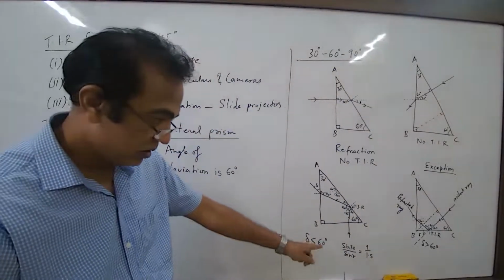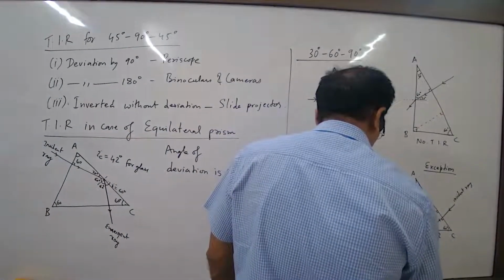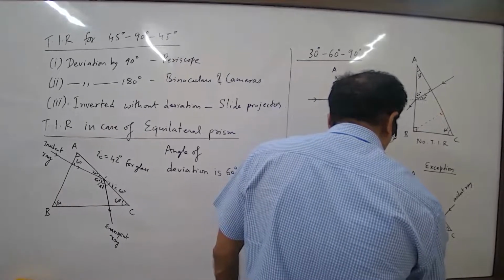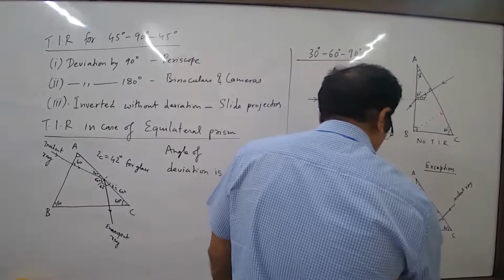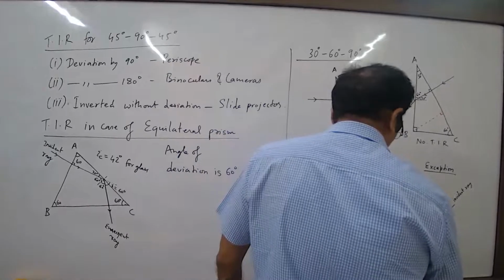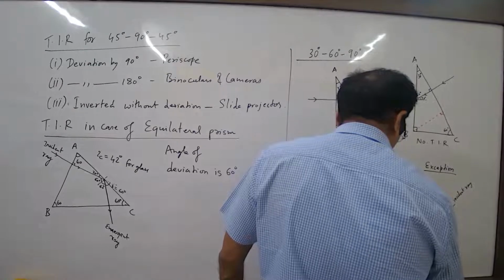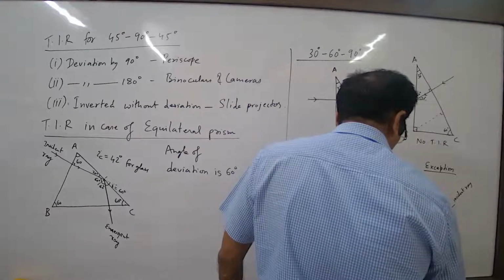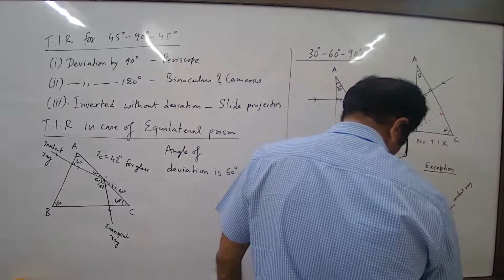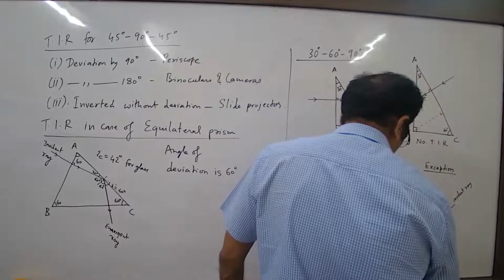So sin r will be equal to 1.5 times sin 30. How much is sin 30? 1 by 2. So this will be 1.5 into 0.5, which is 0.75.